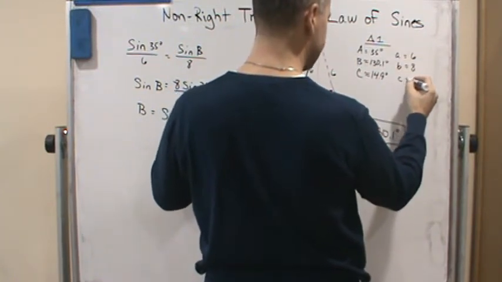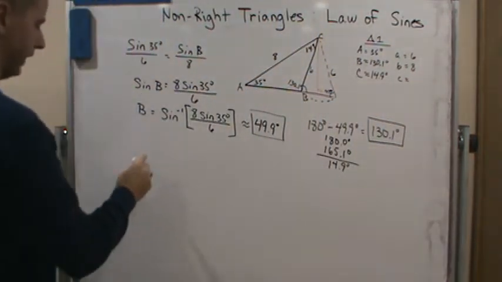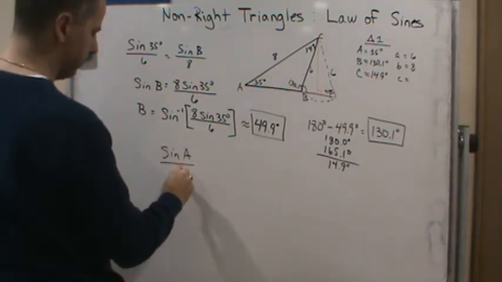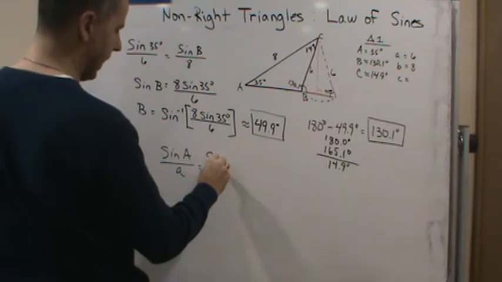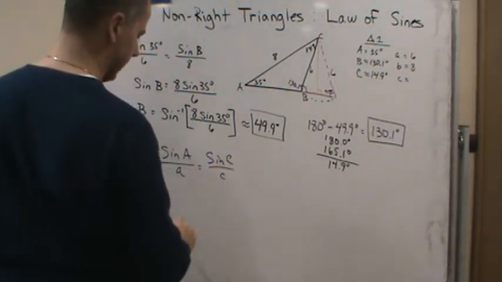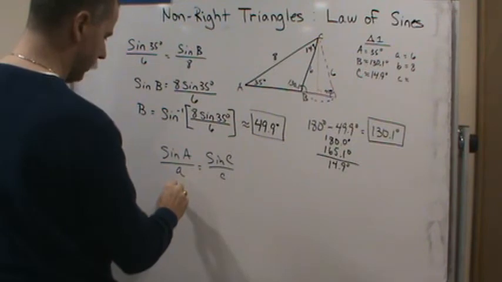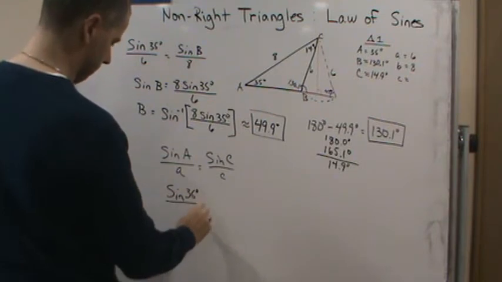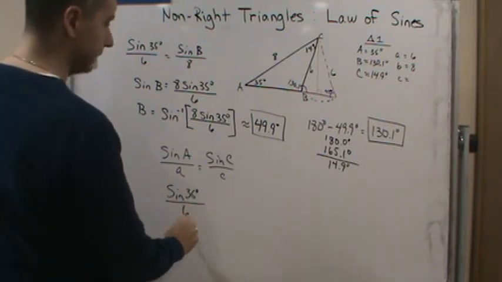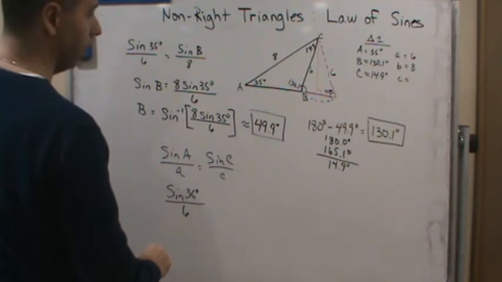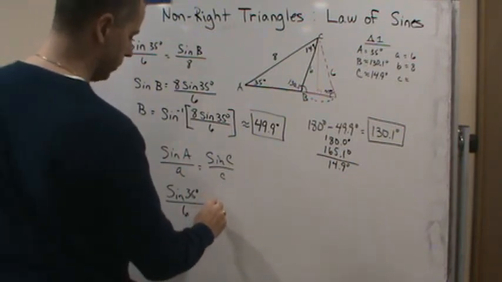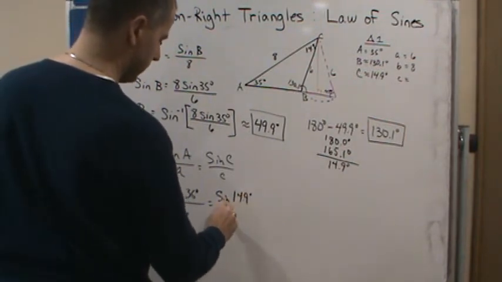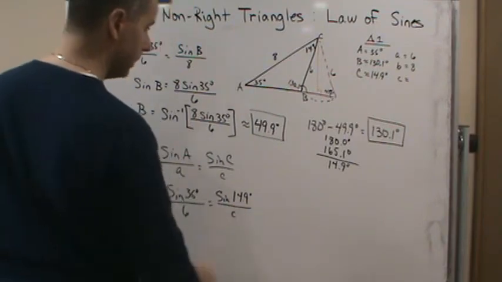And so now we can get C. Let's use the law of sines to get C. So sine A over A equals sine C over C. This gives us sine 35 degrees over 6 equals sine of 14.9 degrees over C.